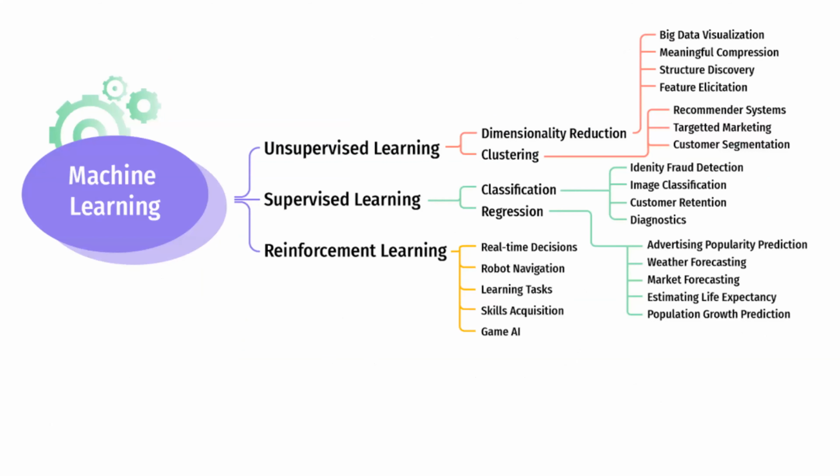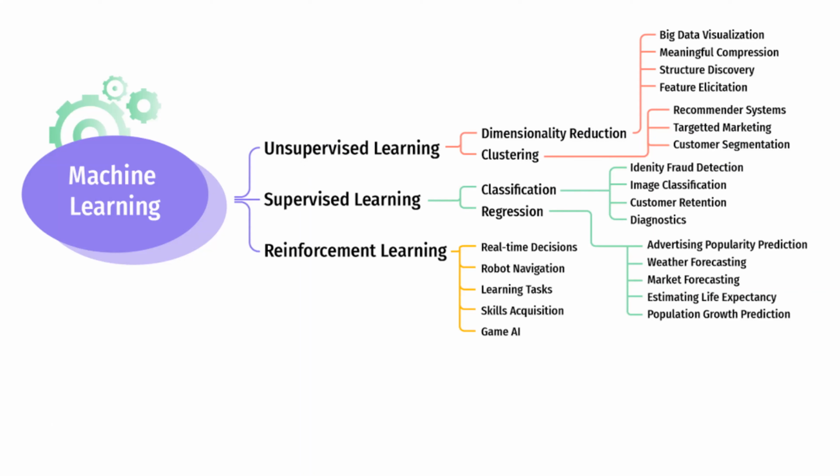Here we will be talking about the most popular and most frequently used types of machine learning. As we can see here, there are three different types: supervised learning, unsupervised learning, and reinforcement learning.